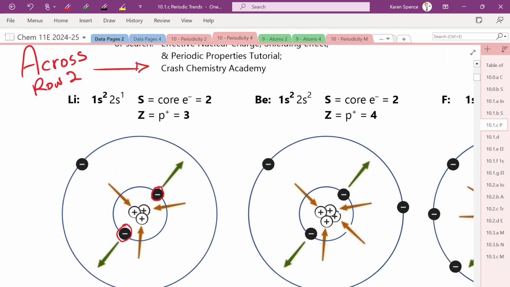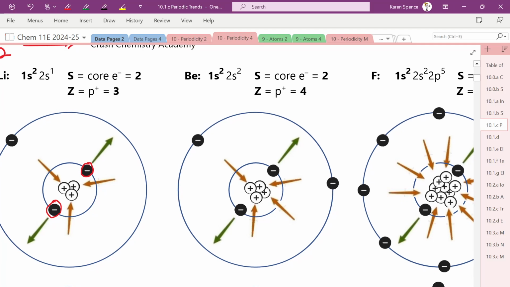Now, beryllium. Beryllium has 4 protons. So it's got 1, 2, 3, 4 things pulling in, but we're adding the newest electron into the same shell. So how many core electrons do we have compared to lithium? We have the same. 2 core electrons here, 2 core electrons here.